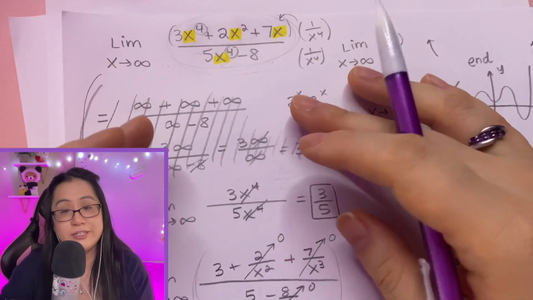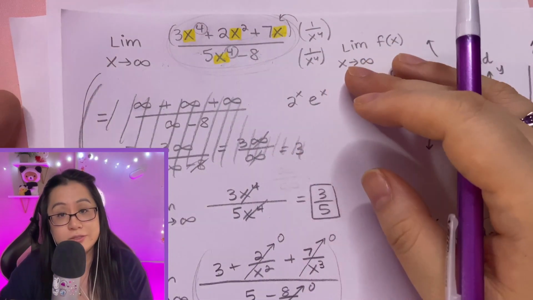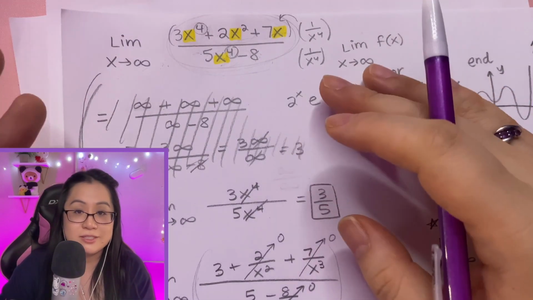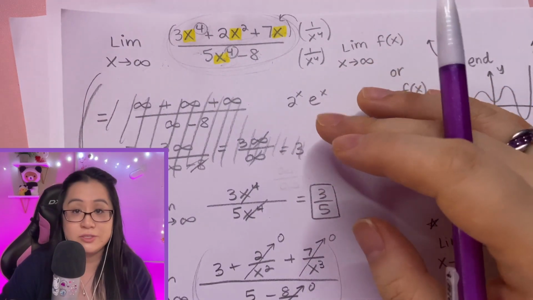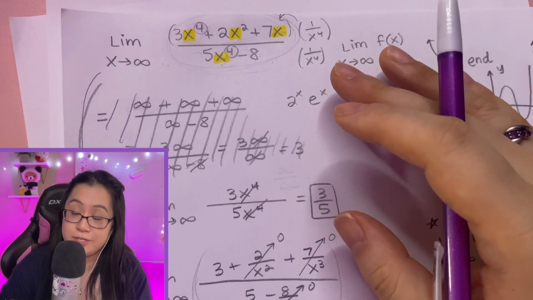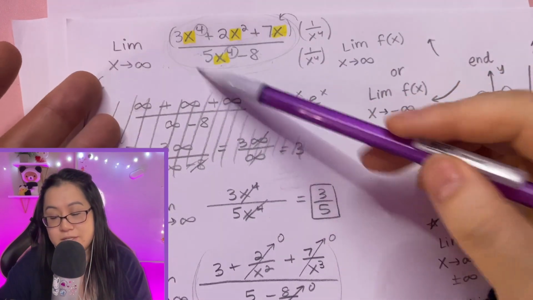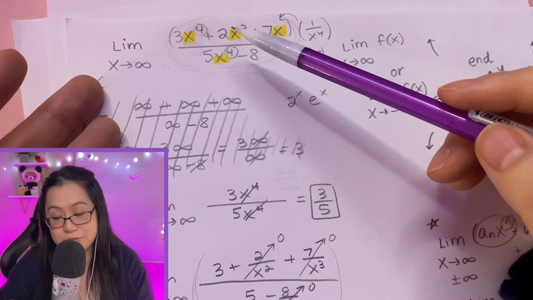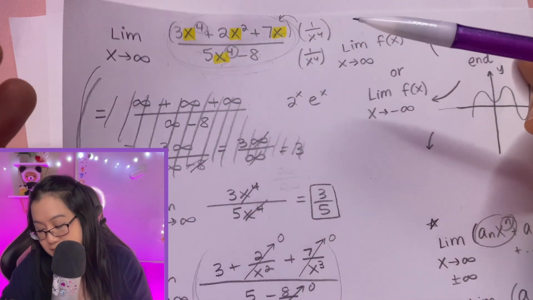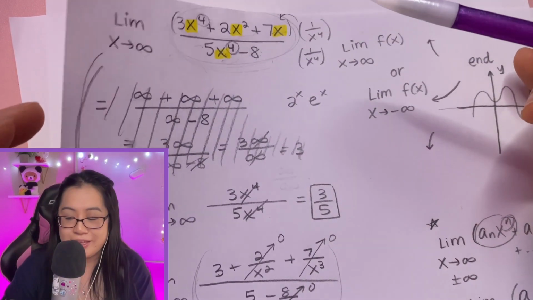If the bottom has a higher degree than the top, the whole thing is going to go to 0. If the top has a higher degree than the bottom, the whole thing's going to go to infinity or negative infinity. And if they're the same, then it's going to be a constant because those parts are going to cancel. And I think you should be good to go.